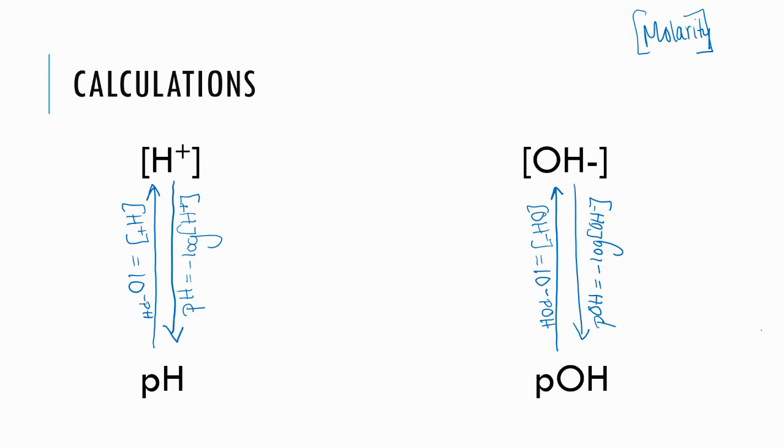However, remember pH is that scale that we like to use. So we need a connector between pH and pOH. And they actually do have a very simple equation that connects them that allows you to translate between them. And it is that pH plus pOH will always equal 14.